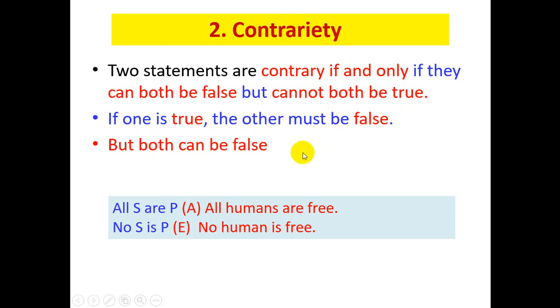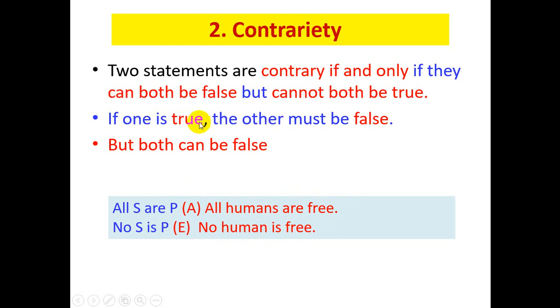Let's have an example. If we say all S are P and no S is P, this is A and E. Here, all humans are free, no human is free. If all humans are free is true, then no human is free must be false.